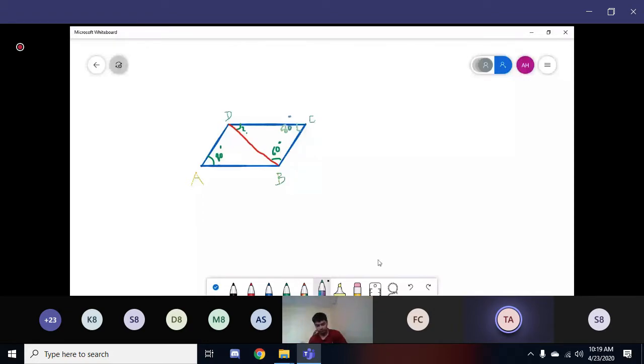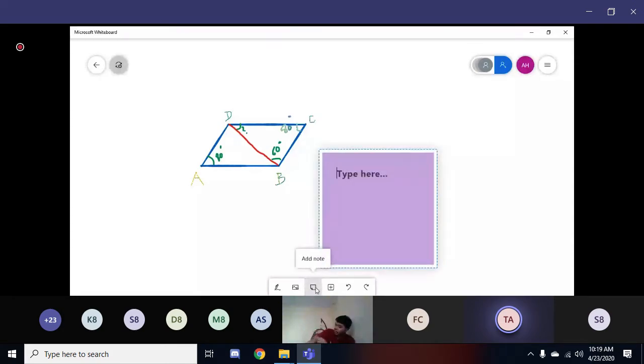I mean to say, let me use a notebook. See here, angle C plus angle CBD is equal to 180-degree.